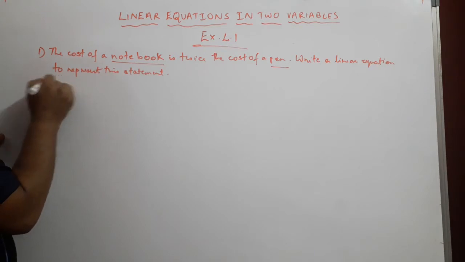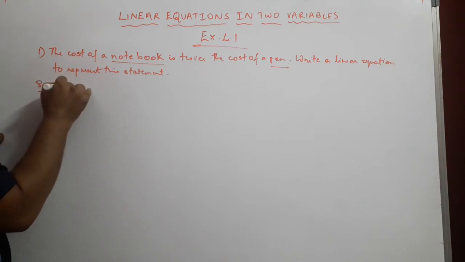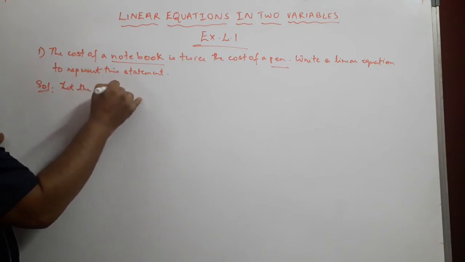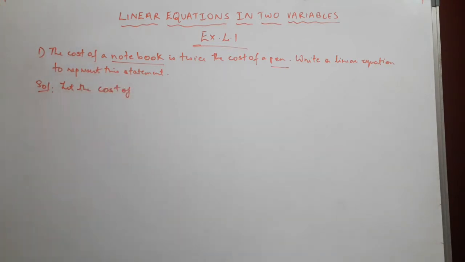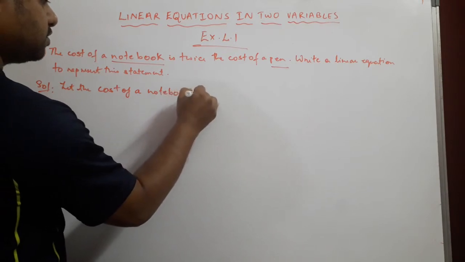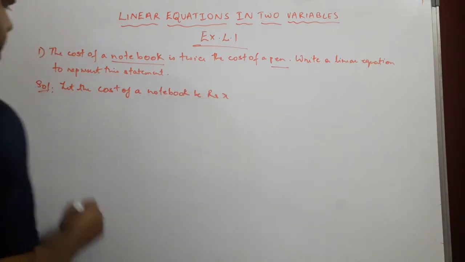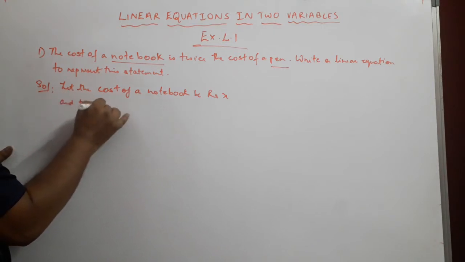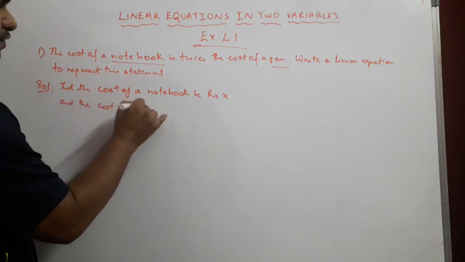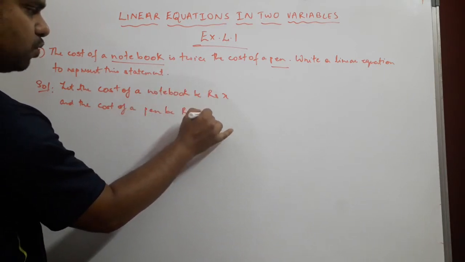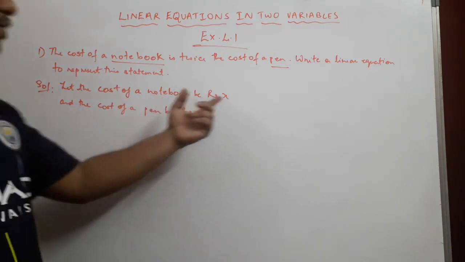So we write here solution, and we say let the cost of a notebook be rupees x, and the cost of a pen be rupees y. Okay, so now we have got our x and y.